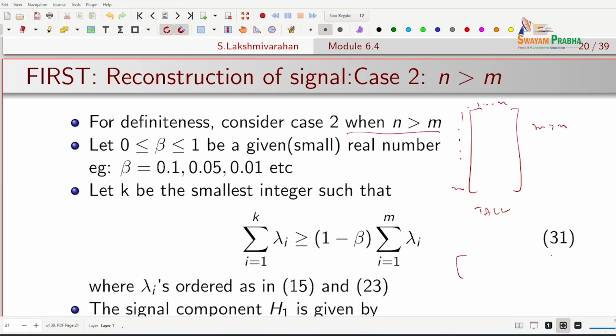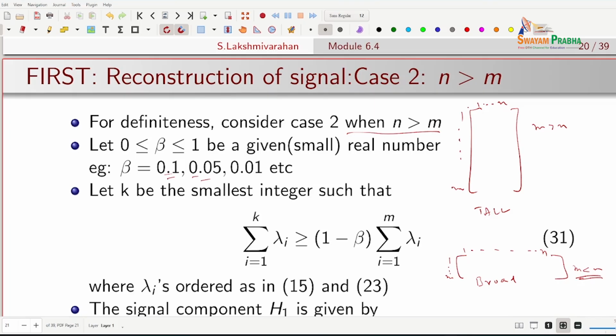In this case, we talk about a broad matrix, 1 to m, this is 1, 2, n. So in this case, m is less than n. This is called a broad matrix. So tall versus broad matrices, I am considering for the sake of illustration the broad matrix.